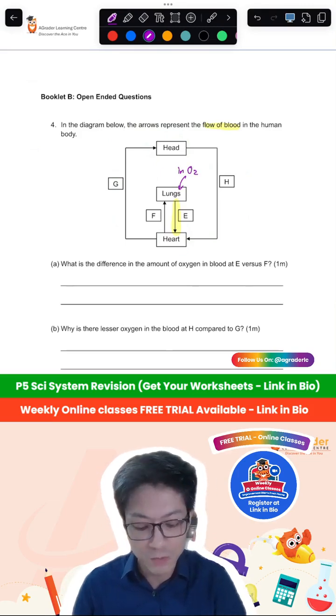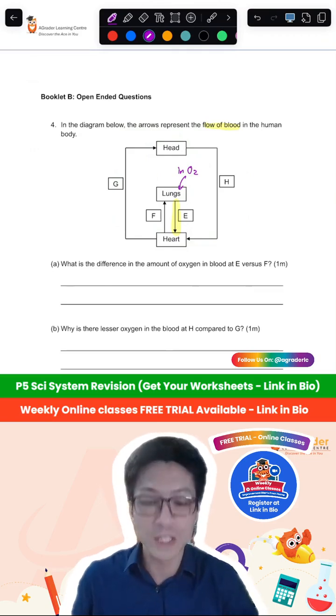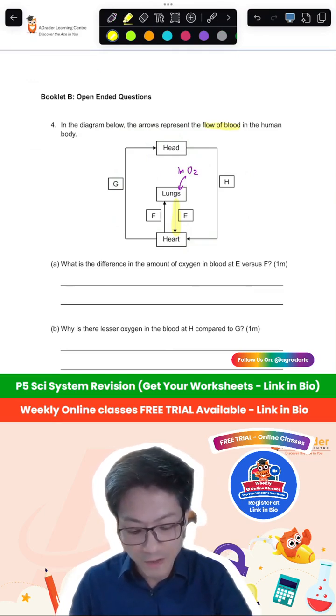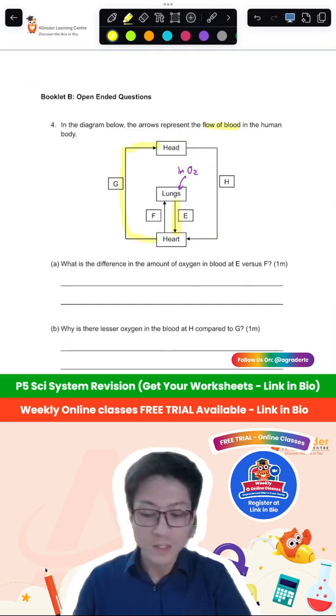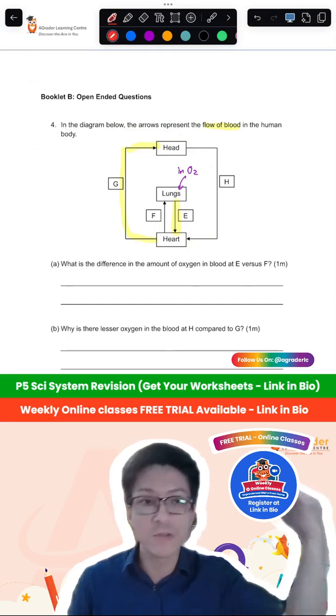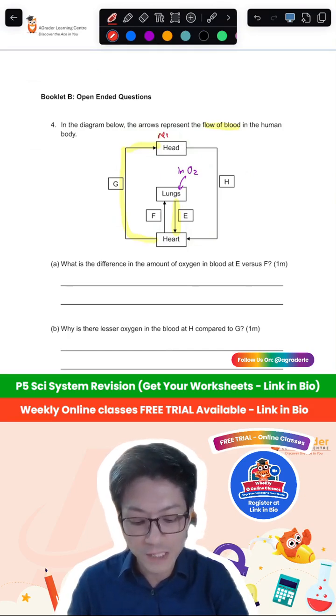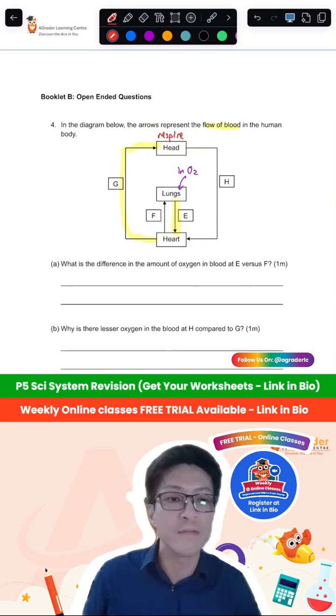The blood that is rich in oxygen will travel through E, let me highlight it in yellow, flow through G to the heart, or the rest of the body, and then the head will respire, carry out respiration.